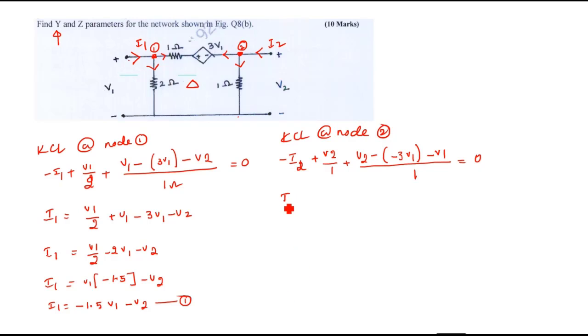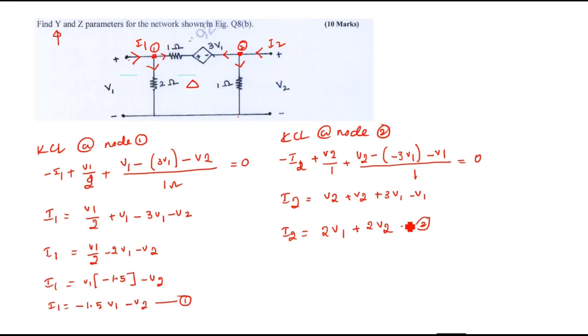Then simplify this. I2 equals V2 plus V2 plus 3 into V1 minus V1. Then I2 equals plus 2 into V1, next plus 2 into V2.